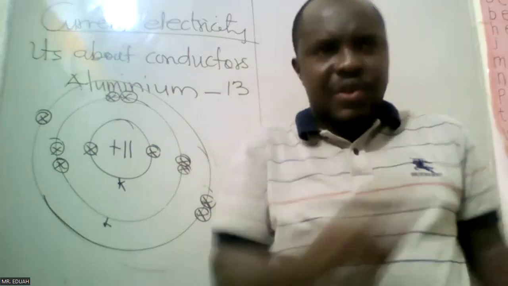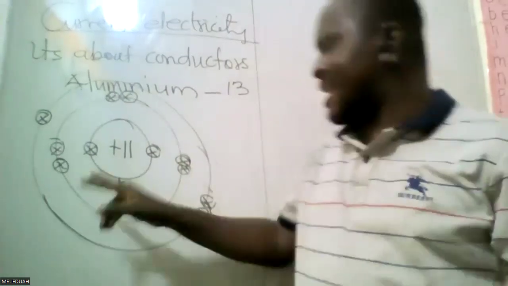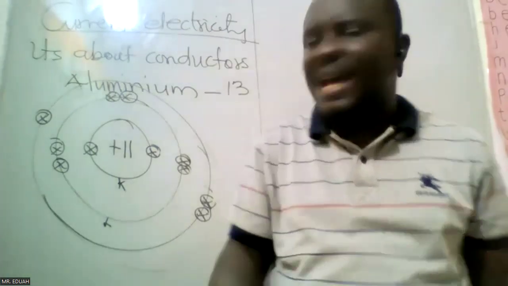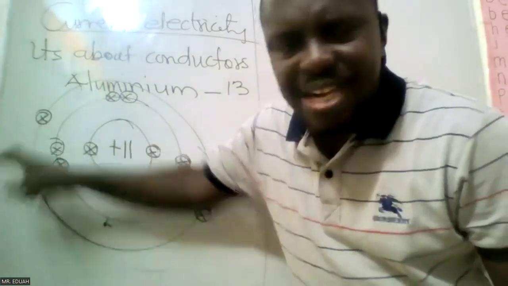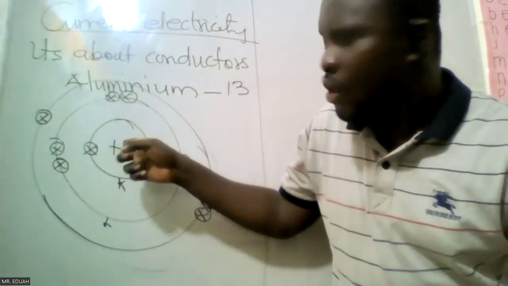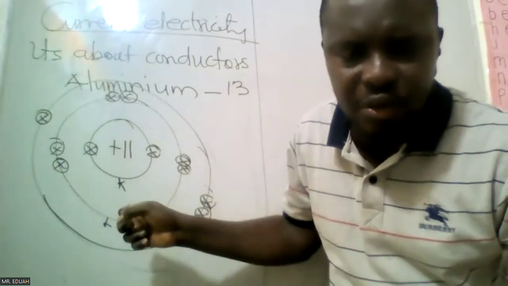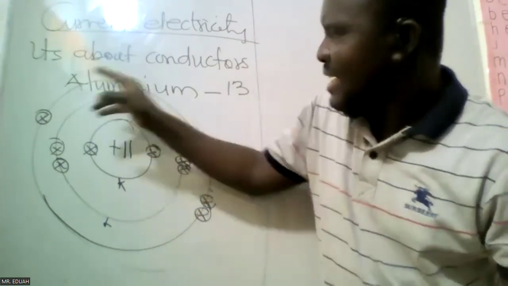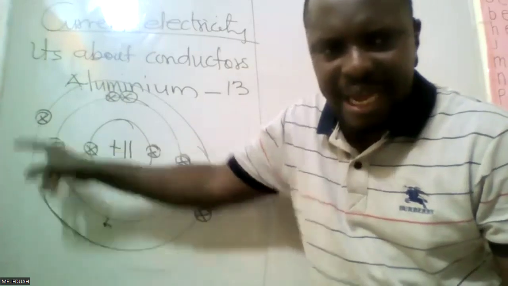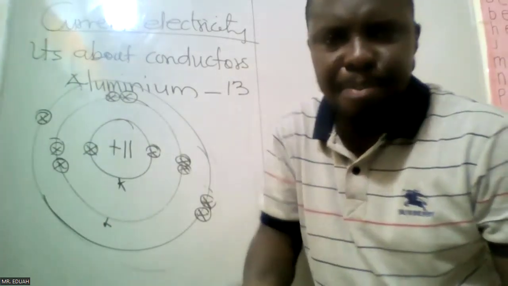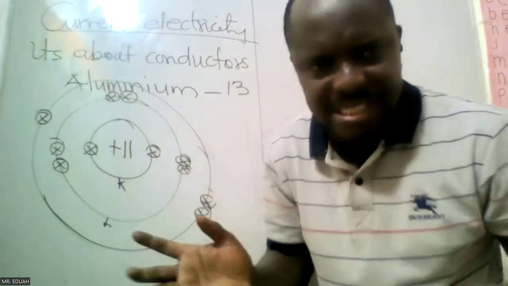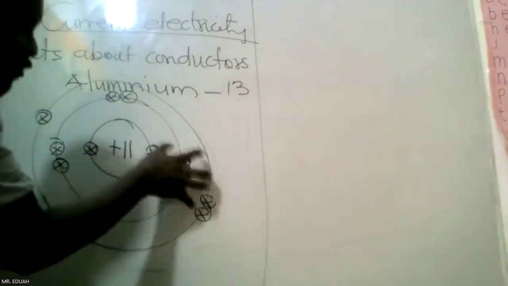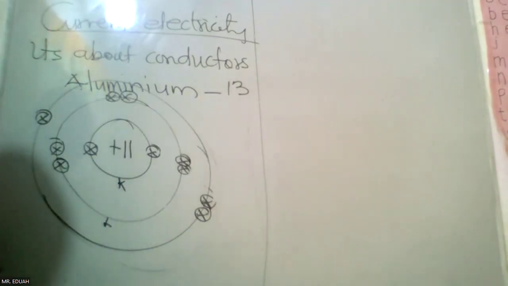So in conductors, the inner filled electrons shield the outer electrons, so the attraction received by the electrons at the valence shell is very, very small. Because of that, the valence electrons are less attracted to the nucleus. And all metals, all conductors have this kind of electronic configuration.